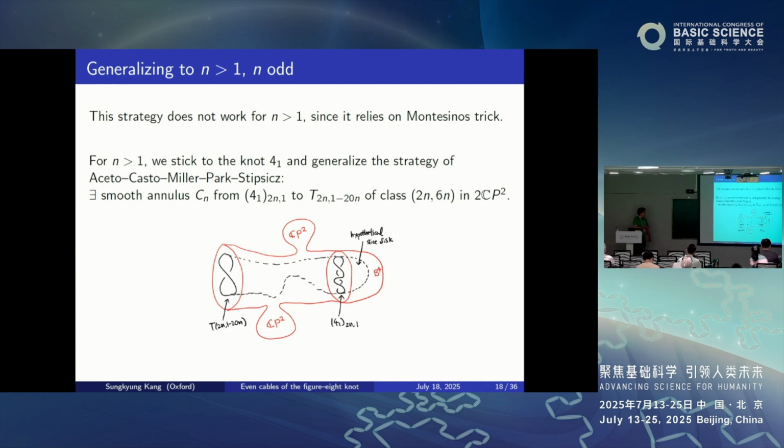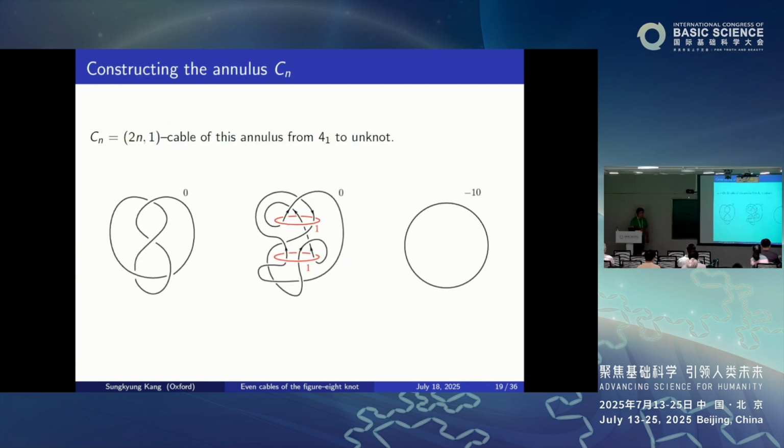And how they construct this is simply by taking a cable of this concordance. Here's a zero-framed figure 8. You isotope into this magical position, and you draw these two red hoops and add a -1 full twist. In terms of Kirby calculus, what you're doing is adding copies of CP2 into each of the pieces. So now the ambient space is 2CP2.